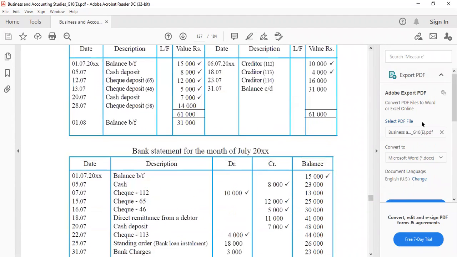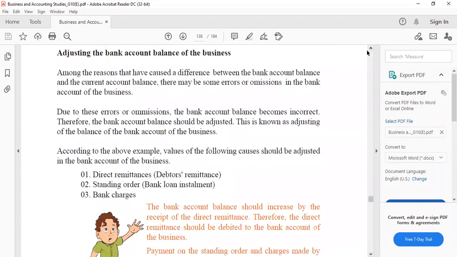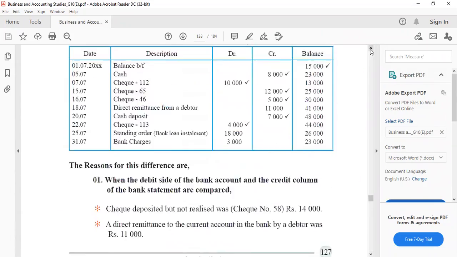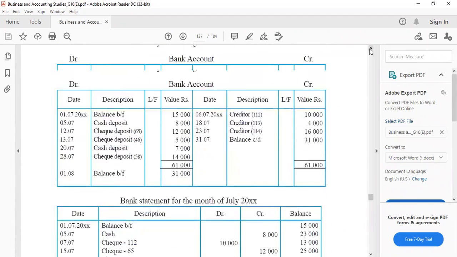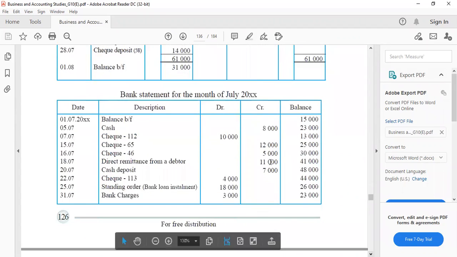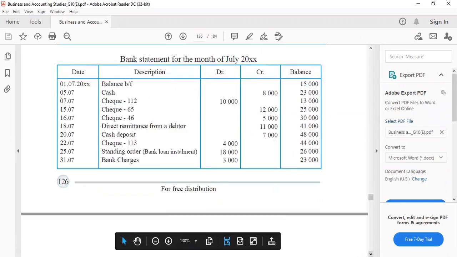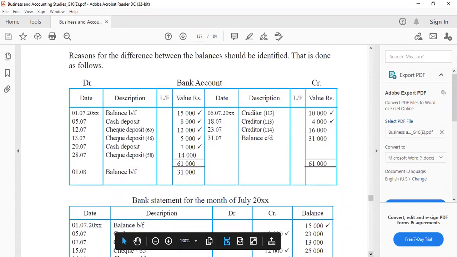Another thing: the items circled in the credit side of the bank statement, that is 11,000, you can put in the debit side of the adjusted account. And items circled in the debit side of the bank statement, you must put in the credit side of the adjusted bank account.